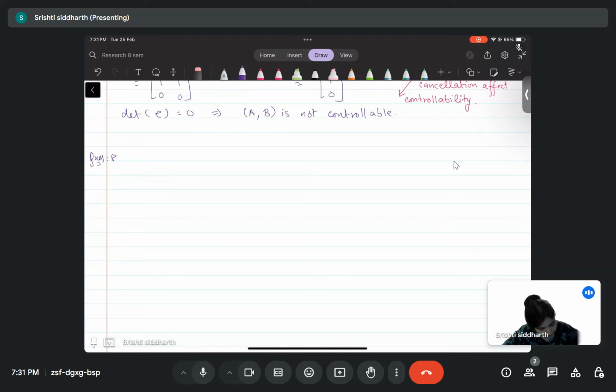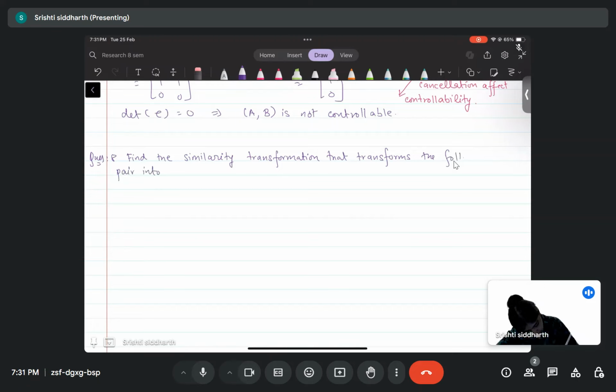So find the similarity transformation that transforms the system to the controllable canonical form.